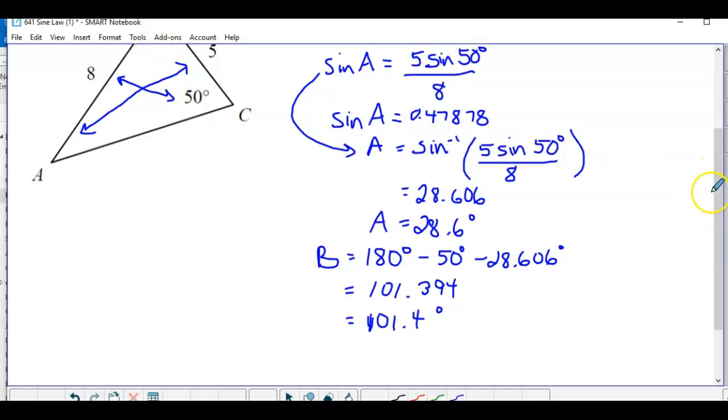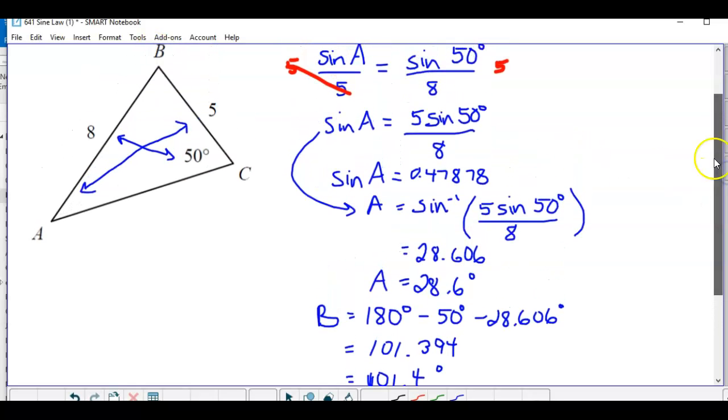Now we need to get that side b here. So this is lowercase b. Matching that up, we need to know this angle, which we just calculated. And we have this ratio. I wouldn't use this other ratio because it's also a calculated value. Use whatever you have that is given to you if you can.